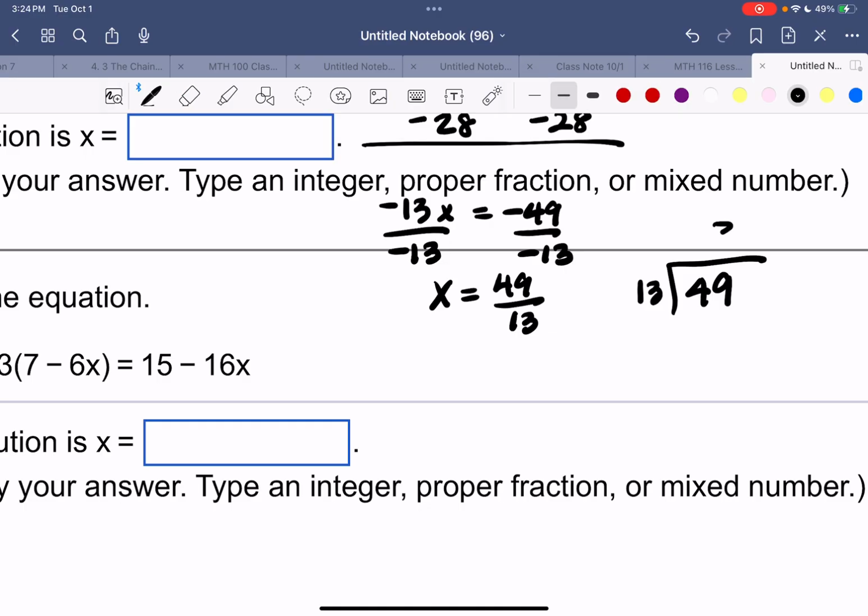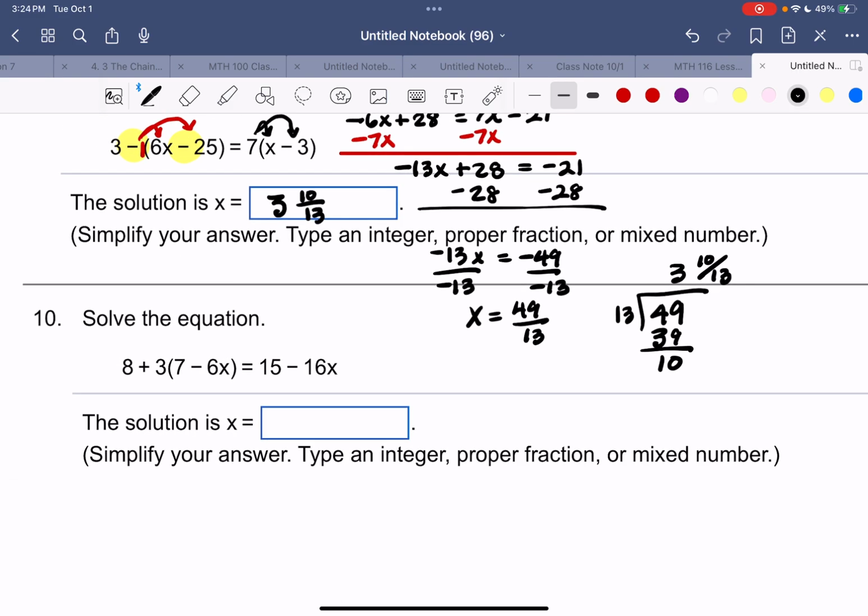It'll go 3 times. 3 times 13 is 39. That's 10 left over, so 10 13ths. So 3 and 10 13ths. So you're still following the golden rule. You're doing the same thing on both sides. But before you do that, you're clearing your parentheses and you're combining like terms on each side.